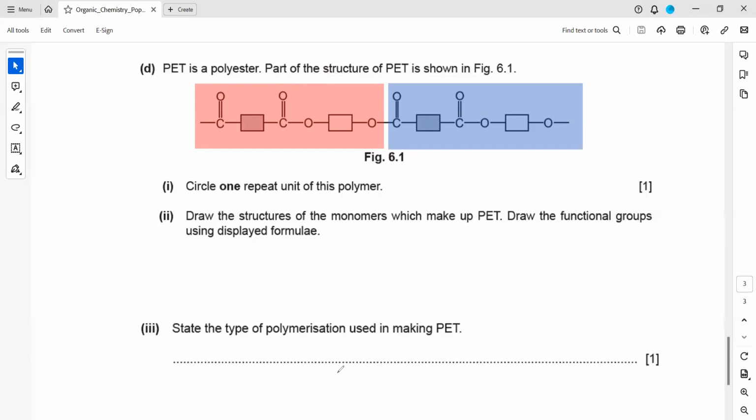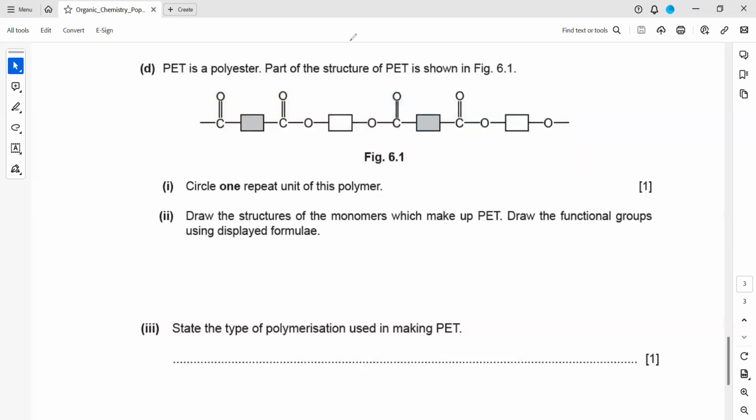Yes, in the repeat units, that's right. You have to answer depending on the polymer. They have to be identical. It is very easy in addition polymers. It's very easy to work out the repeat unit. Just take the two carbon atoms.